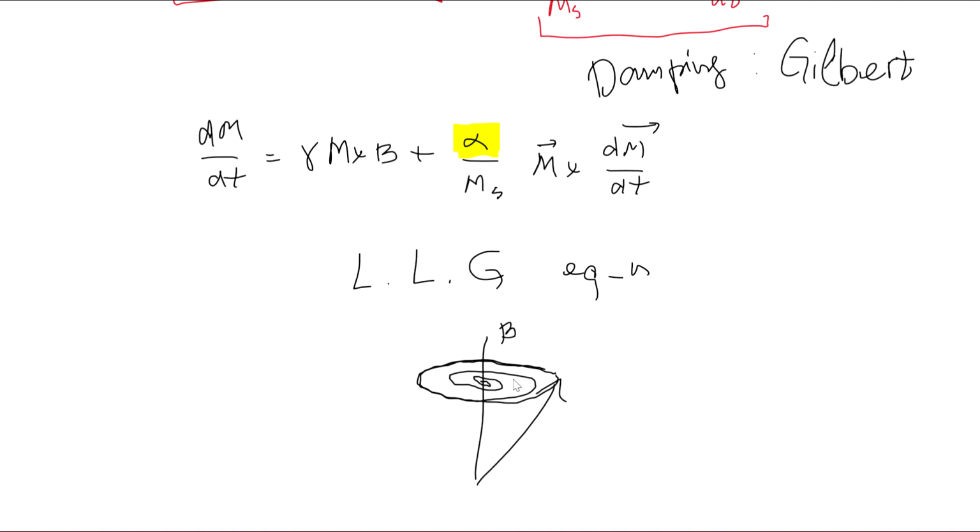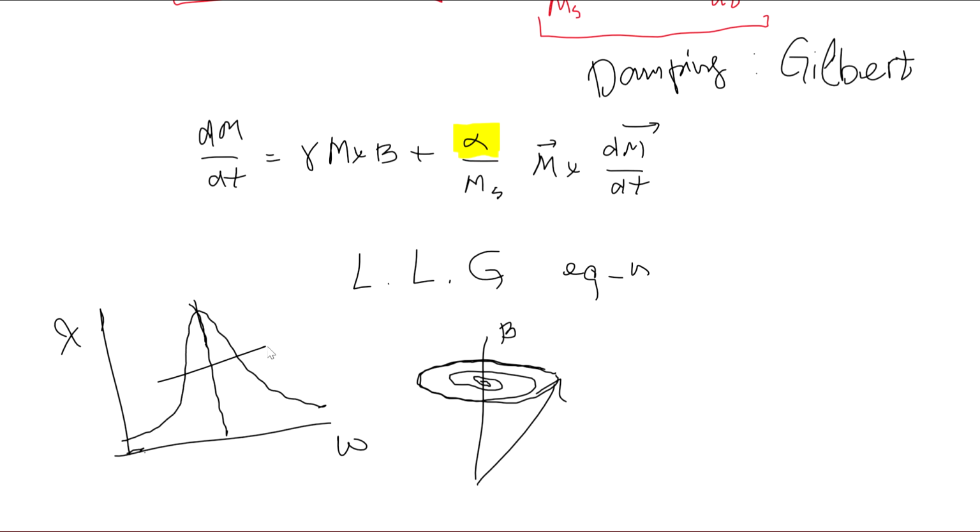And of course, if you want your magnetization to keep precessing, you have to add energy to that. That's why we need that small magnetic field and to add damping. And that is why the ferromagnetic resonance, if you measure chi as a function of frequency, will be not just a single line, but a peak which would have a certain line width.